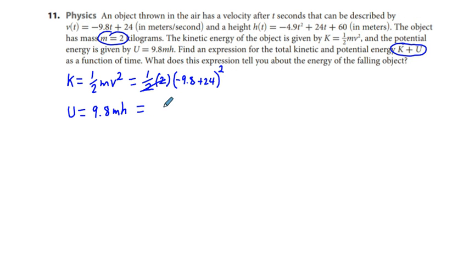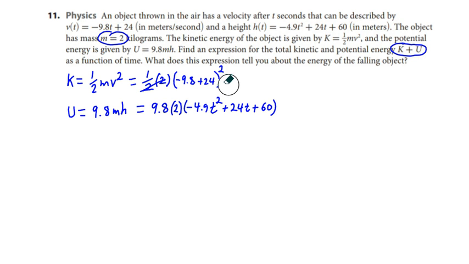And then U is going to be 9.8mh, where 9.8, m is 2, and h is this thing right here, negative 4.9t squared plus 24t plus 60. We're going to multiply all this together and get what U is.